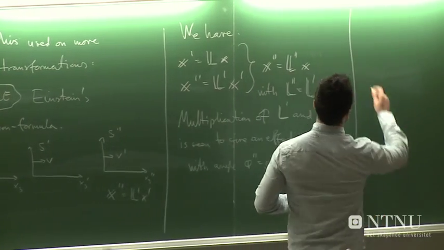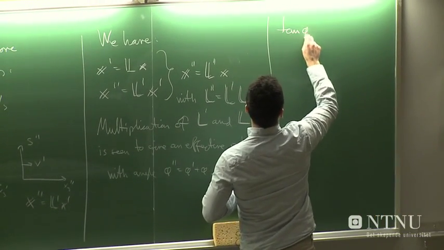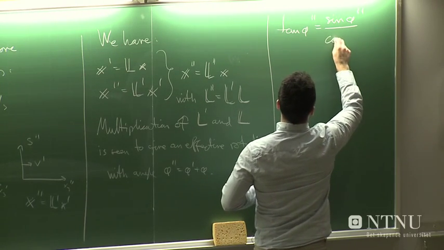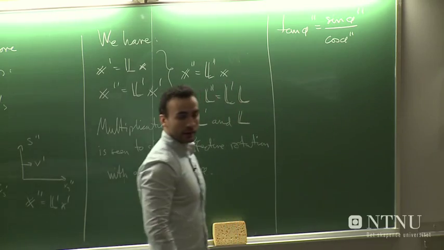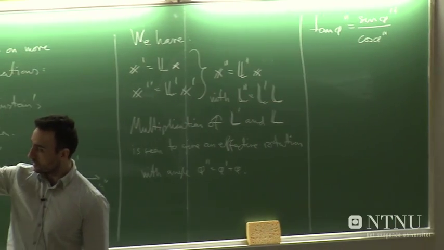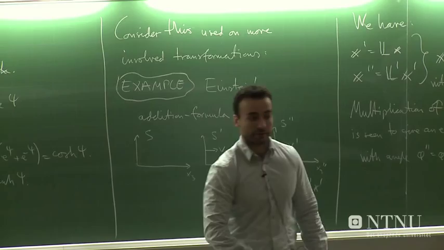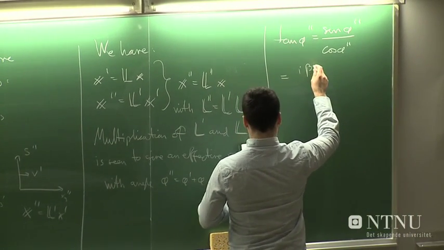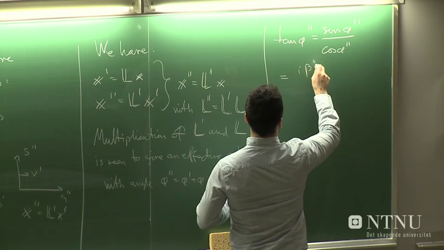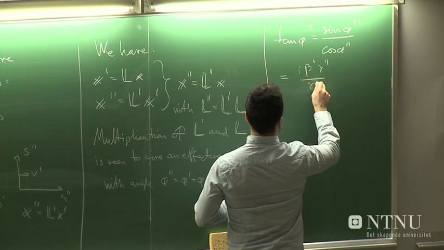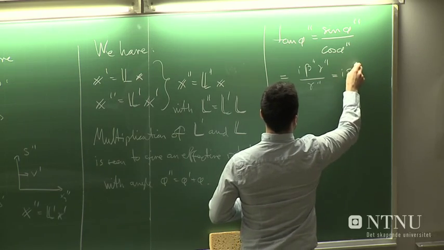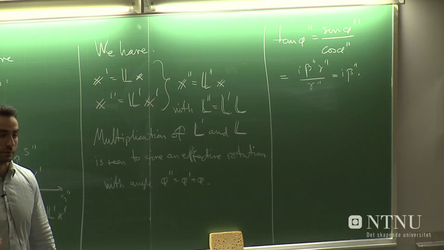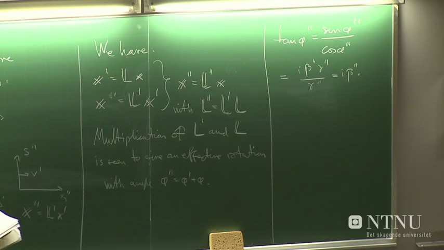So we have this, and then using our expression there for cosine and sine phi, we have this, where beta double prime is v double prime over c.